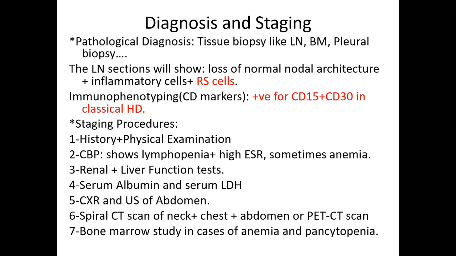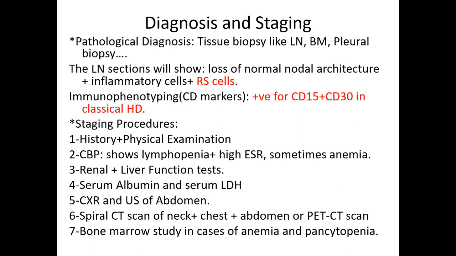When we confirm the diagnosis, next step we go for staging procedure. The purpose of doing staging is to find the extent of spread of the disease in the body of the patient, because it will affect the choice of a treatment.